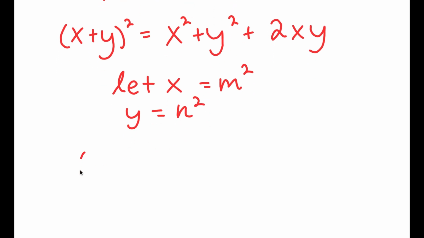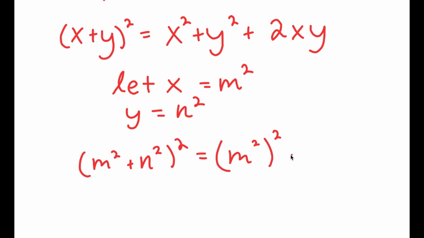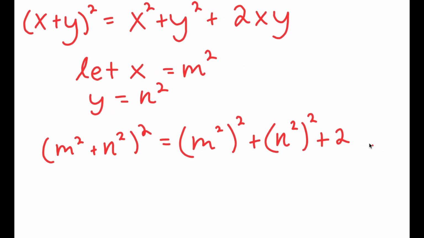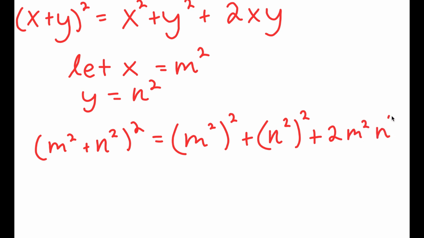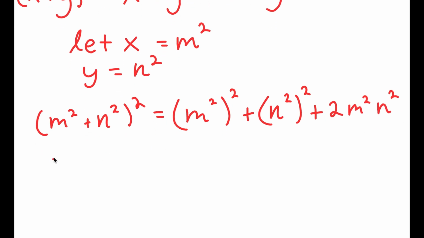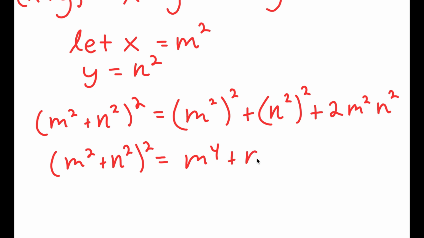So now I have (m squared plus n squared) squared is equal to (m squared) to the power of 2 plus (n squared) to the power of 2 plus 2 m squared n squared. Now this turns into (m squared plus n squared) squared is equal to m to the power of 4 plus n to the power of 4 plus 2 times (mn) squared.